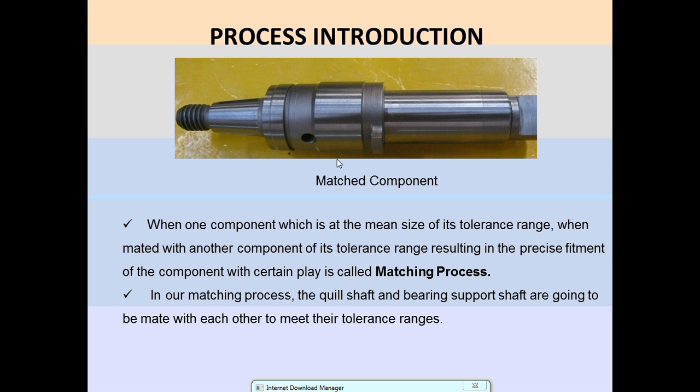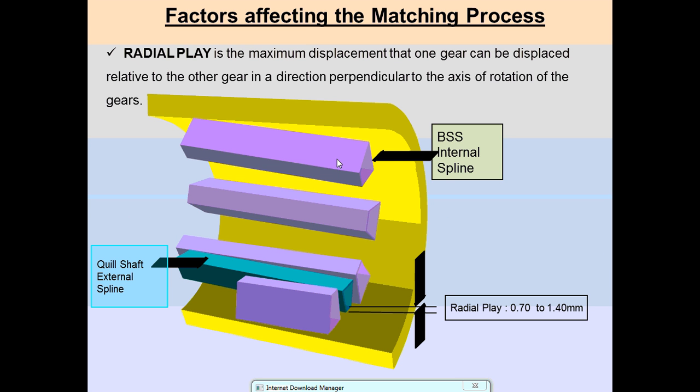The component of that matching process increases the pressure by its rotation. In our machining process, the quill shaft and bearing support shaft are matched with each other to meet their tolerance range. This is the main cause of the matching yield going low.